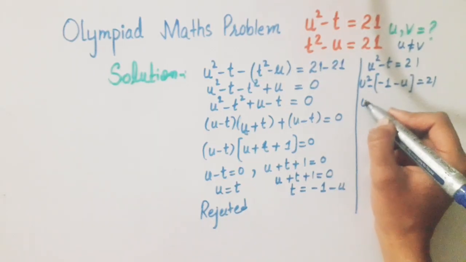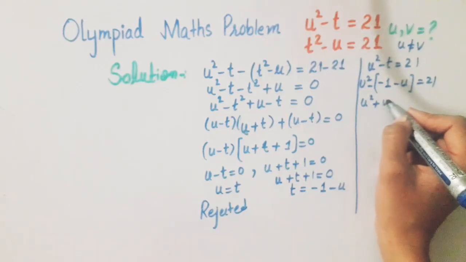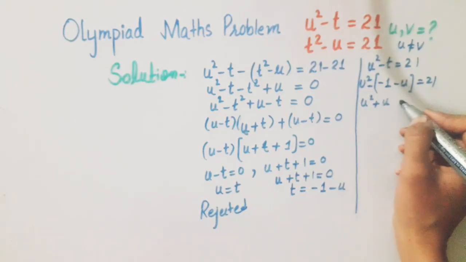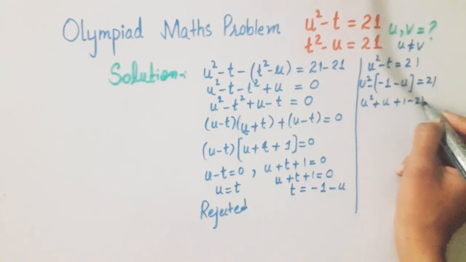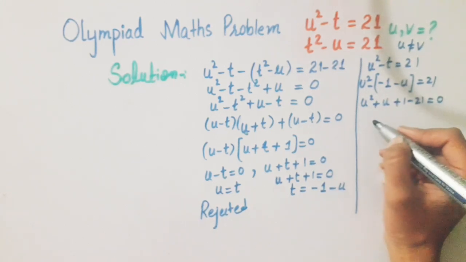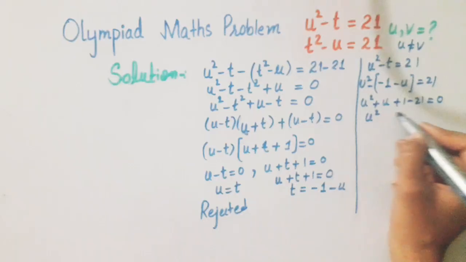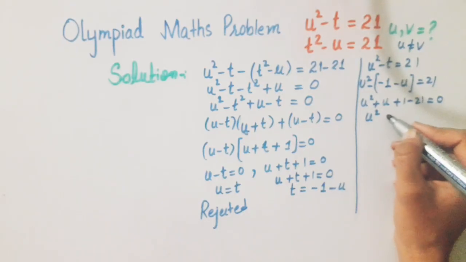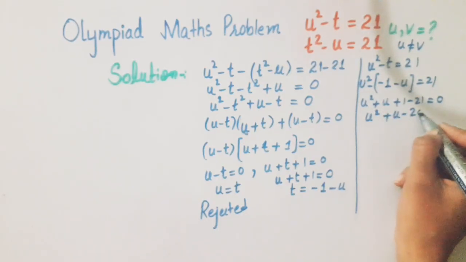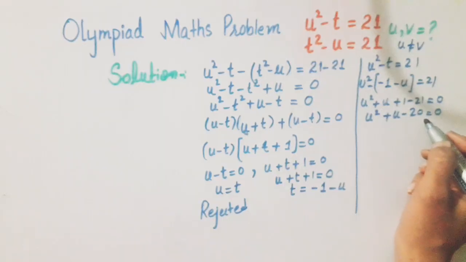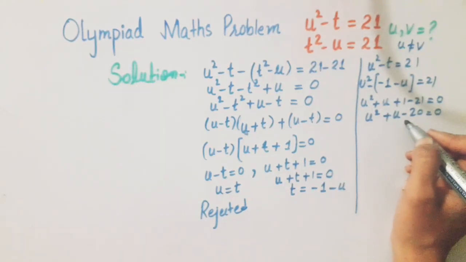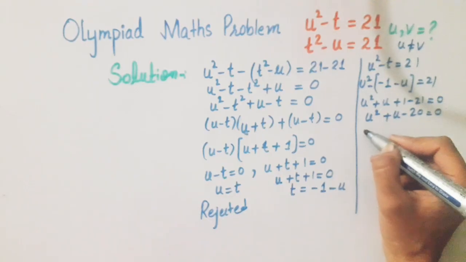So this is u square plus u plus 1 minus 21 equals 0. So we got u square plus u minus 20 equals 0. Now we will make the factors of 20 such that when they are subtracted they give 1.